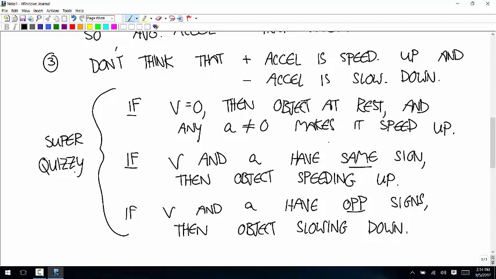So velocity is something we can sort of imagine. Acceleration we kind of have to think of mathematically. It's not really something that we can wrap our heads around in the same way as velocity. But thinking about it this way, we can get a sense of the direction of the acceleration.